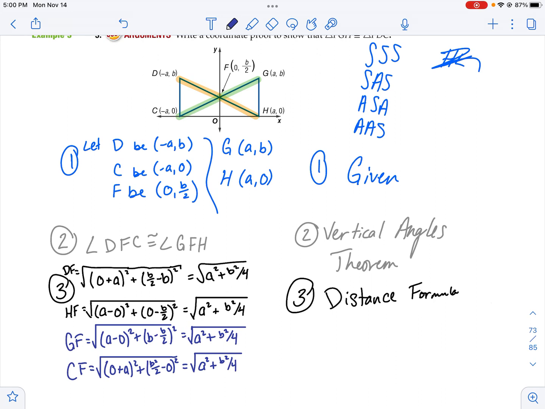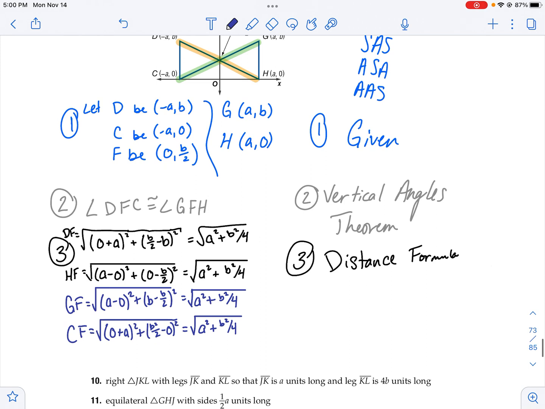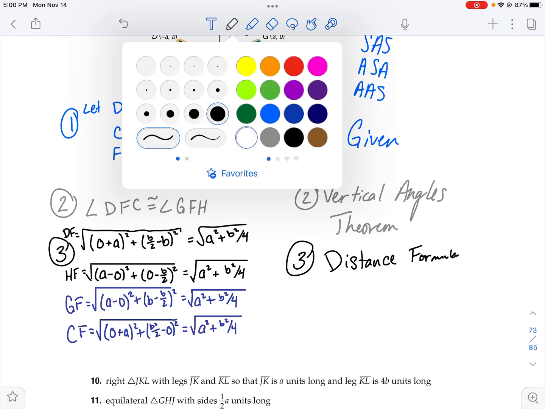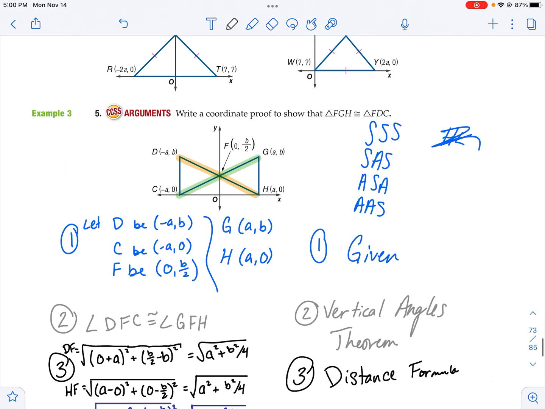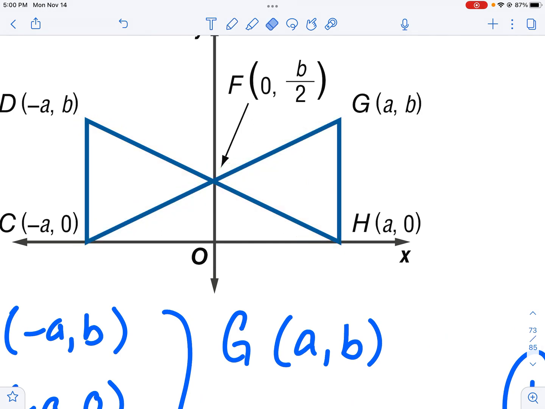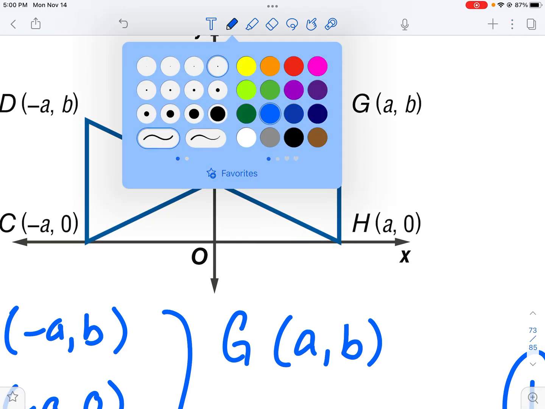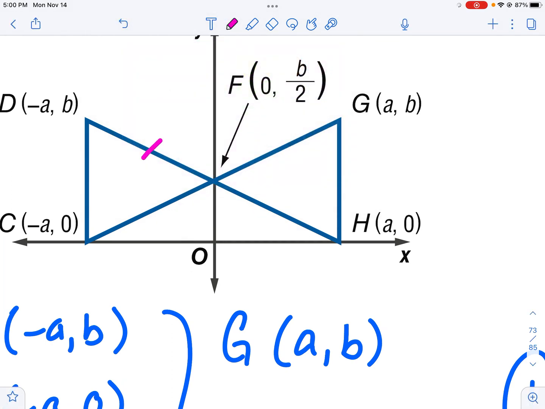And in an absolutely stunning turn of events, not only did I get that my two triangles are congruent, because I can show here, as I just did, that not only are these two sides congruent and those two sides congruent, I have 2 pairs of sides, 4 sides in total that are all the same length.